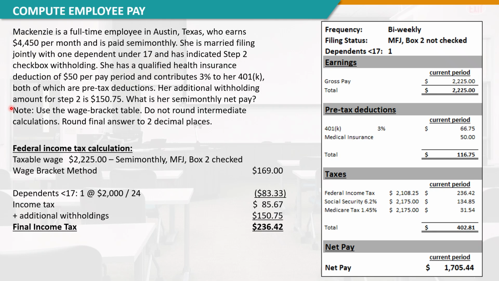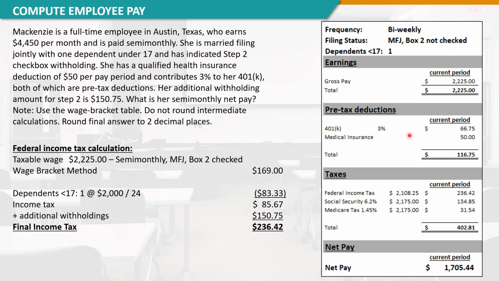Note, use the wage bracket table, and we start with a gross pay calculation by dividing the monthly salary by 2 to get the semi-monthly wage of $2,225. We deduct her pre-tax deductions, which we are told is 3% for the 401k, which is $66.75, and medical insurance for $50.